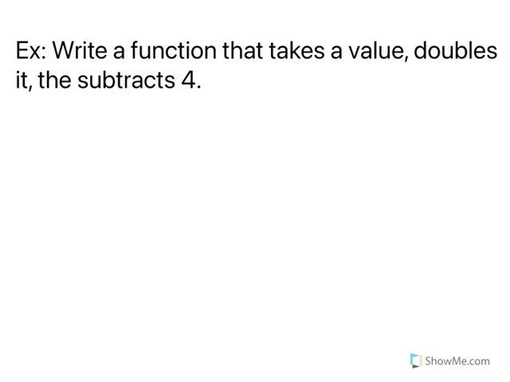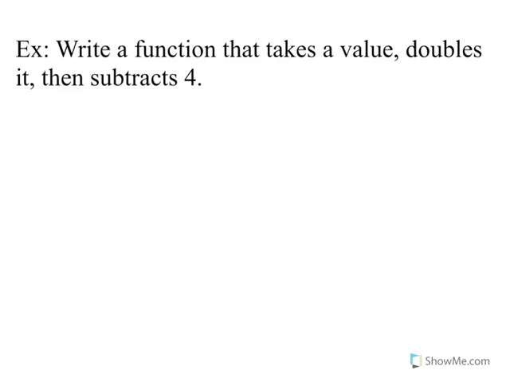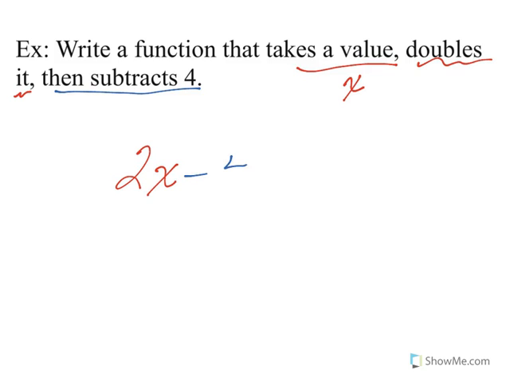Okay. So let's write a function that takes a value, doubles it, then subtracts 4. Now, when it says that takes a value, if we don't know what that is, we're going to call it x. So we're going to take a value, x, we're going to double it, 2x, then we're going to subtract 4.